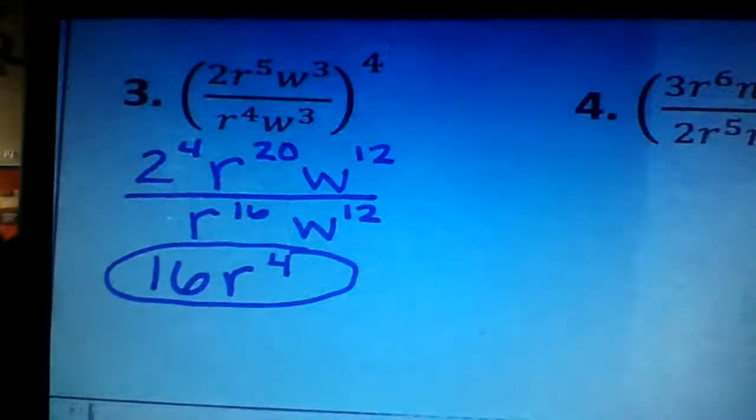W to the 3rd cancel out. And then she raised this to the 4th power. So then she has 2 to the 4th, r to the 4th, which is 16, r to the 4th. She still got the same answer. That's okay.